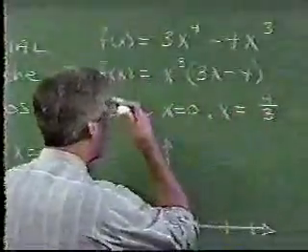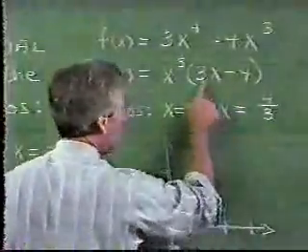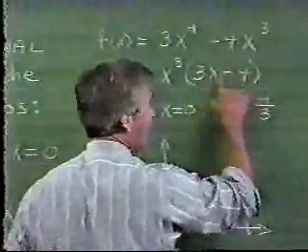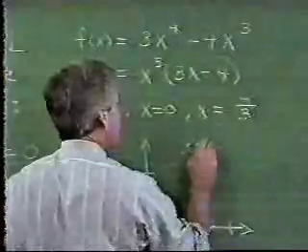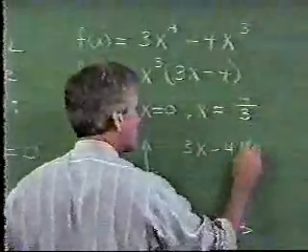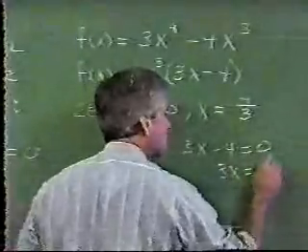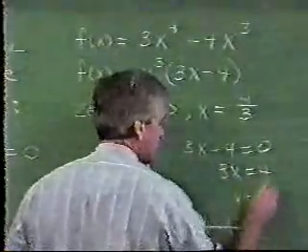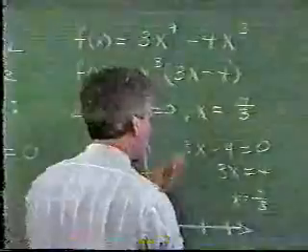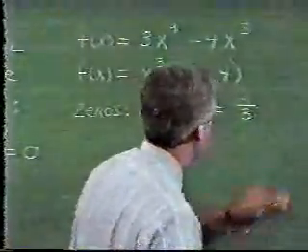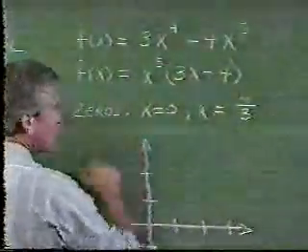I figured that out by thinking of what value of x causes this factor to be 0. What makes 3x minus 4 equal to 0? Well, 3x is equal to 4, and x is equal to 4/3, solving for x. All right, that's how we can think through that part.